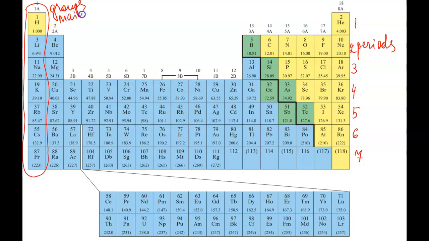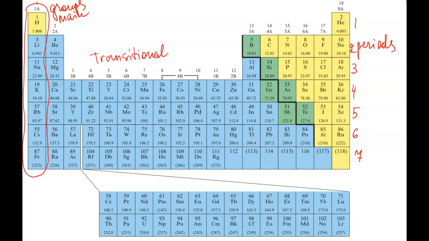Main groups have an additional A in their names. And groups with an additional B are transitional groups.